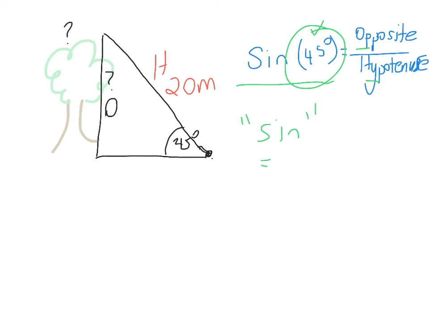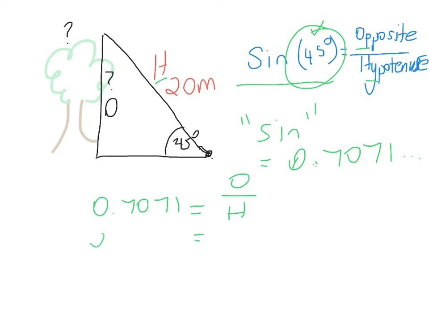You should get 0.7071 recurring. Let's keep it to 4 decimal places. So we can rewrite this as 0.7071 equals our opposite over our hypotenuse. We know what our hypotenuse is, so we have opposite over 20.